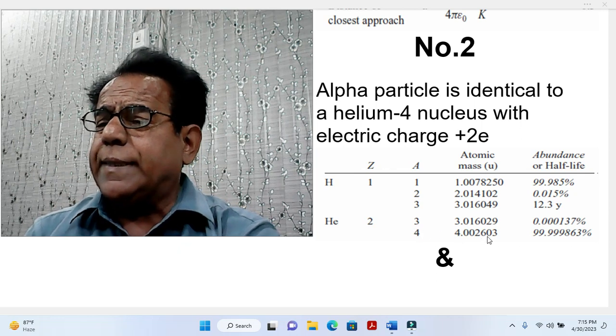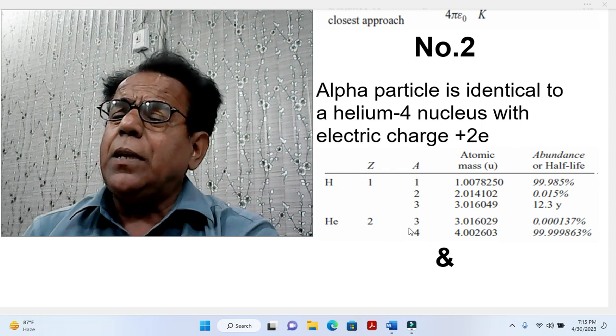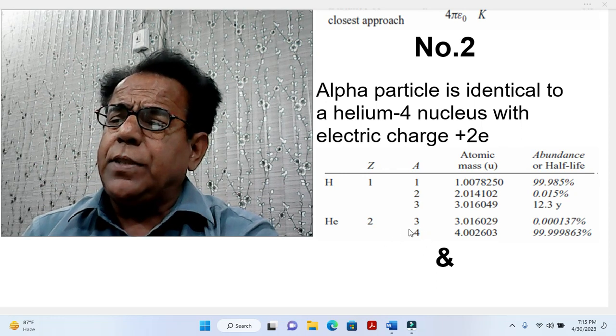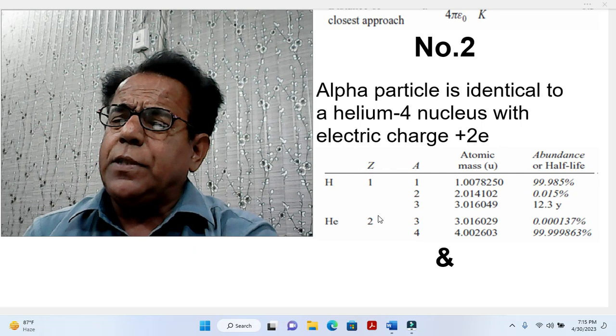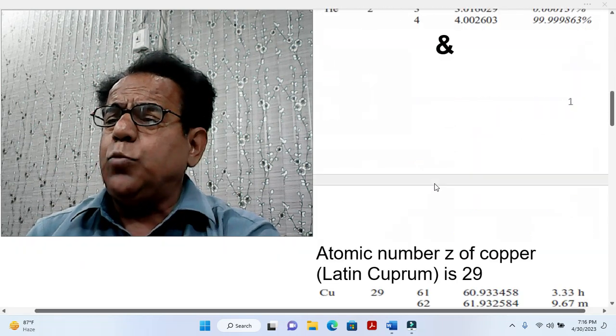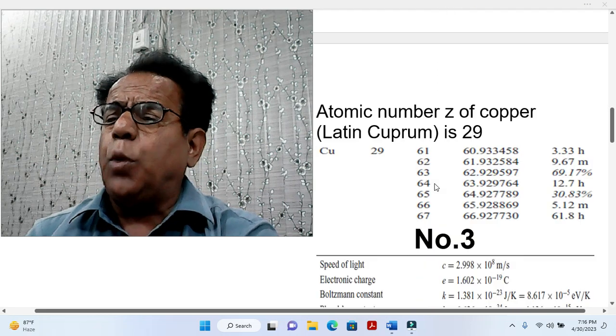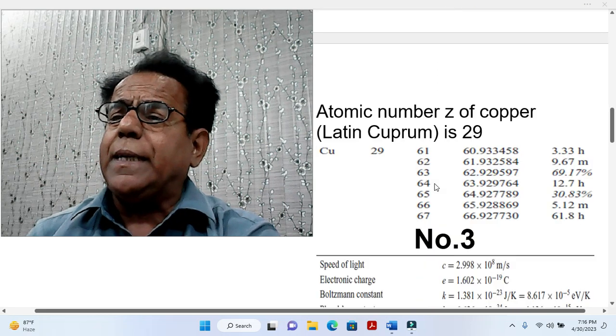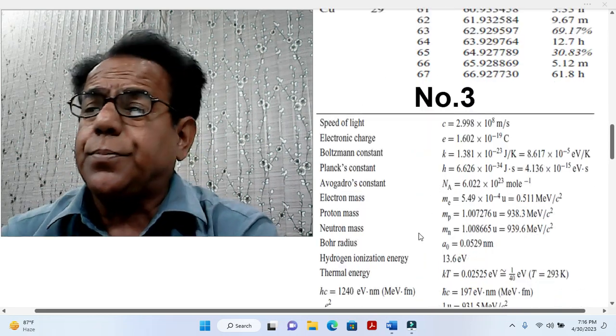4.002603 and so on, but even here we are not concerned with this 4, only with this 2. Now similarly we move to copper. Atomic number Z of copper, Latin cuprum.